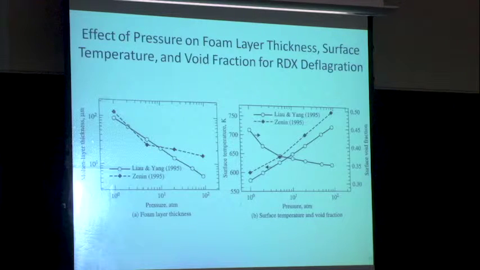If you look at some other details of the system, as I go to higher pressures, the molten layer thickness gets thinner and thinner, so the model has generally predicted that with the experiment. If I look at the surface temperature, you see this surface temperature going up with pressure again, so it's going to start favoring the vaporization process versus the condensed phase reactions. And I see the amount of void fraction in that foam layer also decreases.